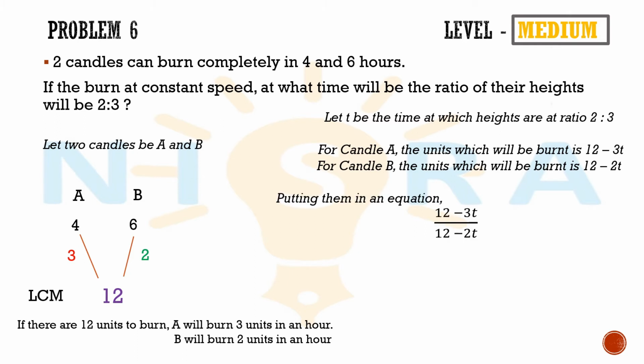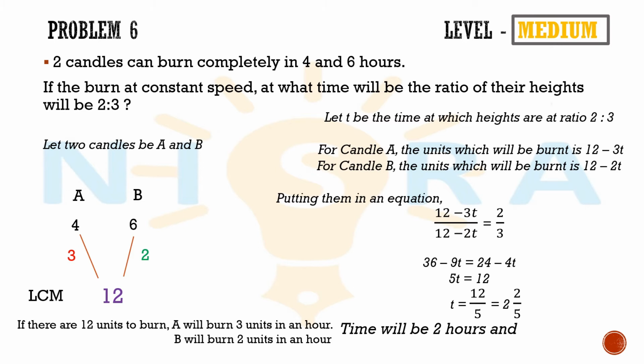Putting them in an equation, that is (12 minus 3t) divided by (12 minus 2t) will be equal to 2 by 3. Solving that, we get t is equal to 12 by 5, which is 2 and 2 by 5. So the time will be 2 hours 24 minutes.